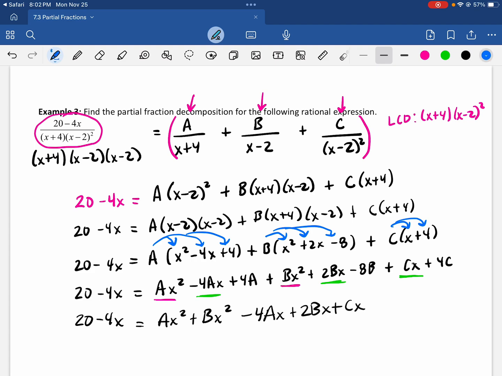And then finally, those that did not have a variable at all together. So we're just regrouping, reordering things, getting those, what we consider like terms, together.